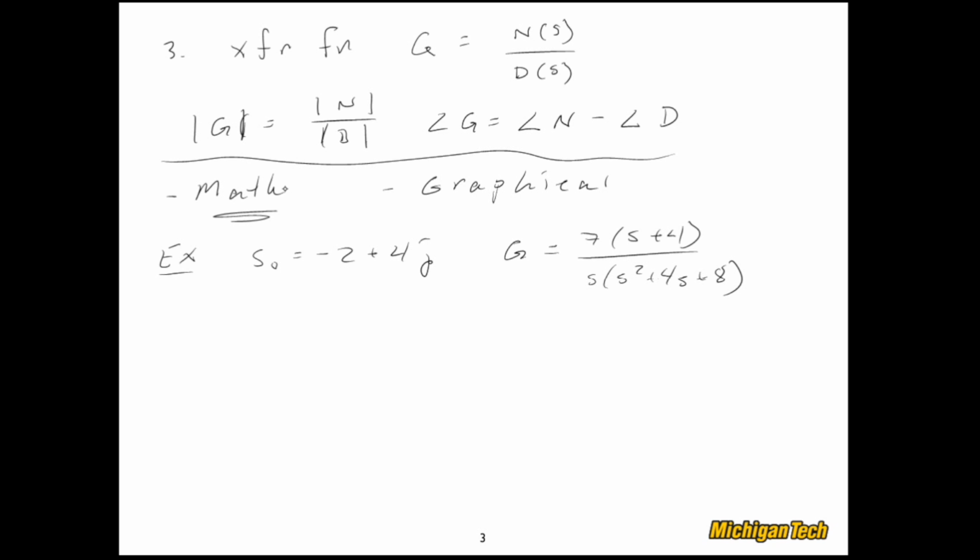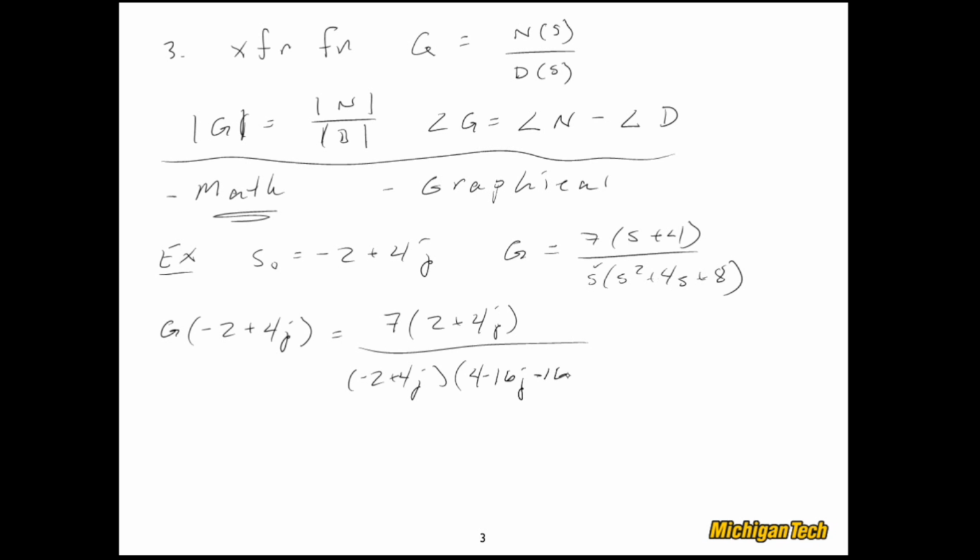So let's do it the math way first. So I'm just going to say that the transfer function g evaluated at s0 of -2 plus 4j is, and I'll just go ahead and plug all this in. So let's see, here we get a 2 plus 4j in the numerator, and in the denominator we'll get a -2 plus 4j for this term, and then we have to square -2 plus 4j, so we get 4 minus 16j minus 16.